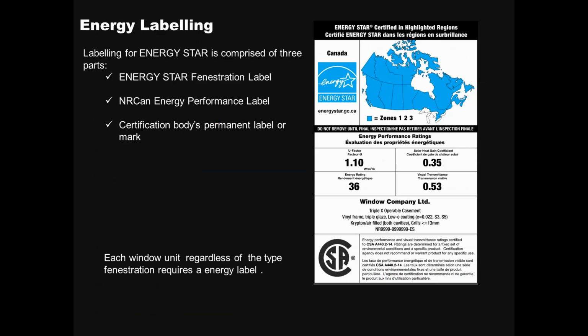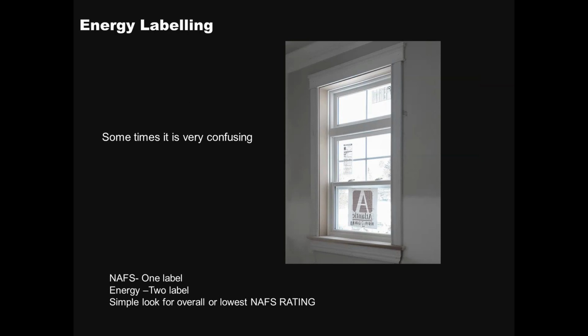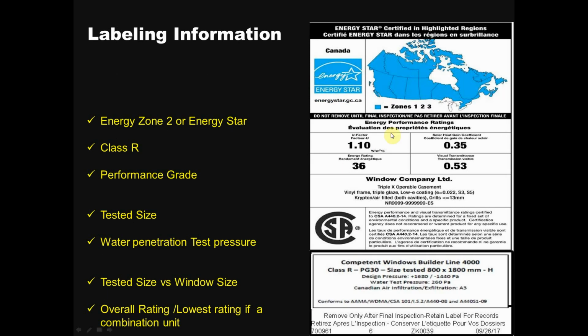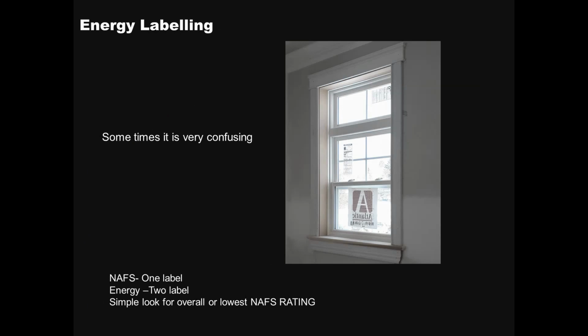Okay, energy labeling. Now you'll see it has all the evaluations here. It has your zone on here and your certification mark on it. What you'll do is you'll see a label window and one of these windows all together normally as a two-part or one-part window. Now with the energy labeling, sometimes it's very confusing because I didn't realize this, but the NAFS requires one label for each piece of glass.